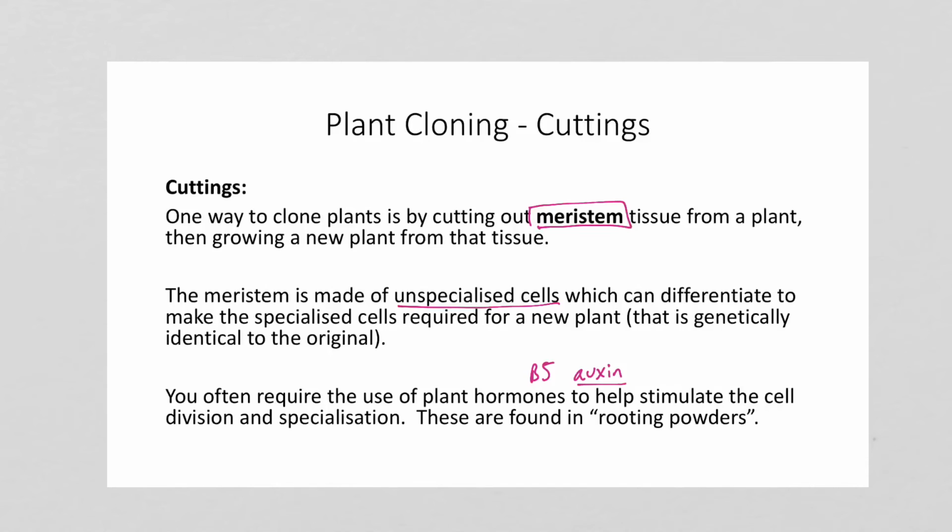So something to think about for Unit B5 is we can link that back to plant cloning and cuttings, and this idea of using rooting powders that contain the hormone auxin. Obviously, you're using rooting powders to encourage that meristem to not only grow shoot, but also to part of it to differentiate and become the roots of the plant.